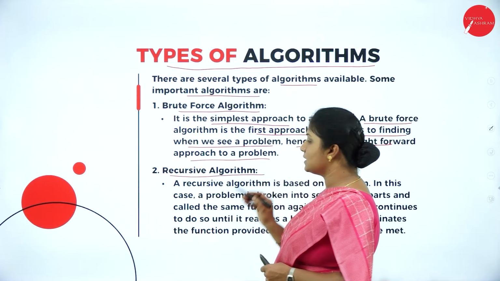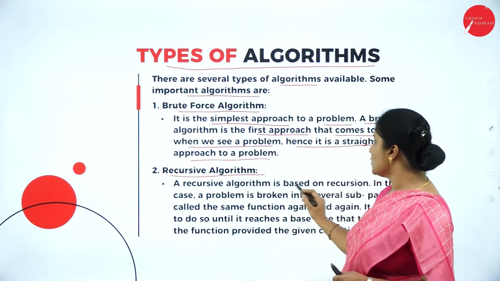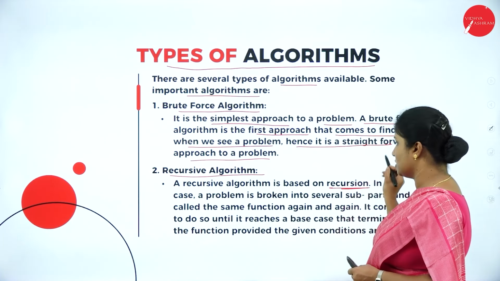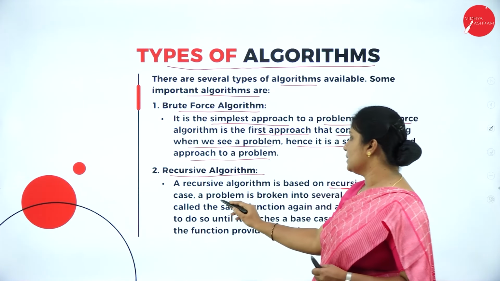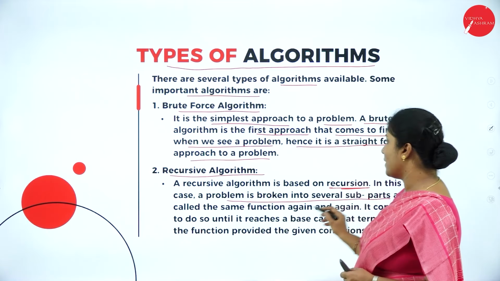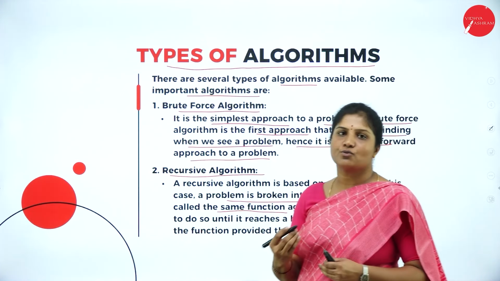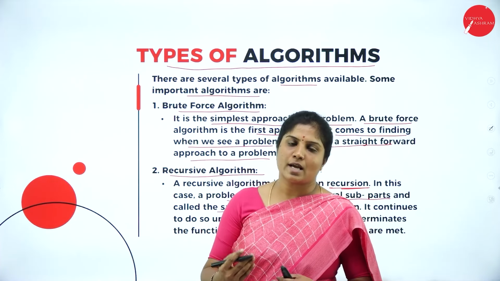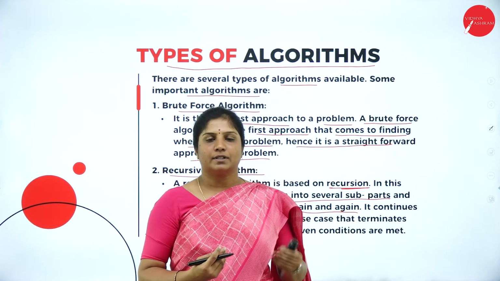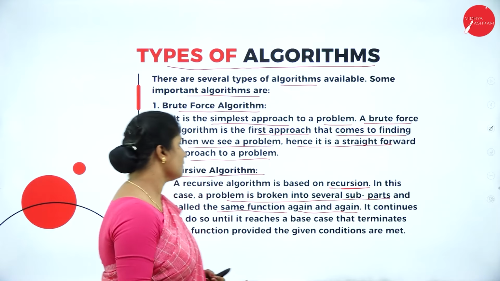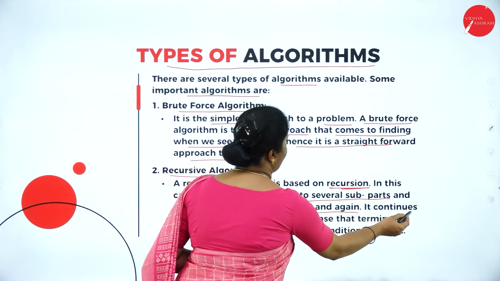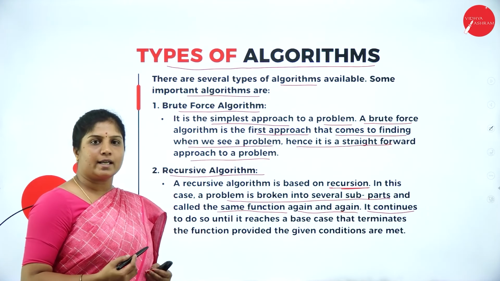Next comes the recursive algorithm. A recursive algorithm is based on recursion. What does it mean? A problem is broken into several subparts and the same function is called again and again. Recursive means calling the same function again and again within a program. Why does it call again and again?